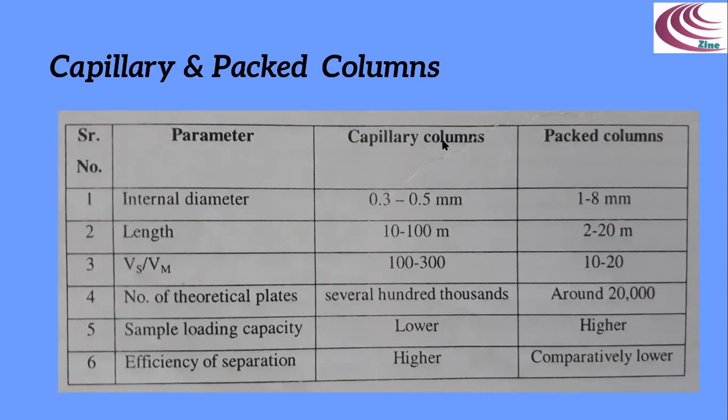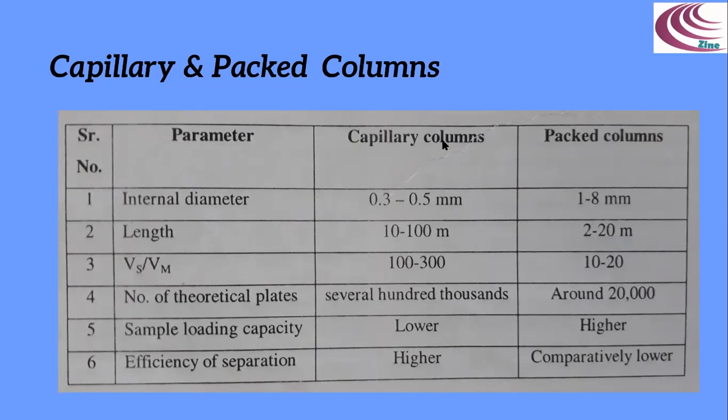The capillary columns offer negligible resistance to the flow of the mobile phase, and hence the pressure drop across the two ends of the capillary column is negligible. Therefore, columns as long as 10 to 100 meters or more can be used. This longer length column provides several hundred thousand theoretical plates.